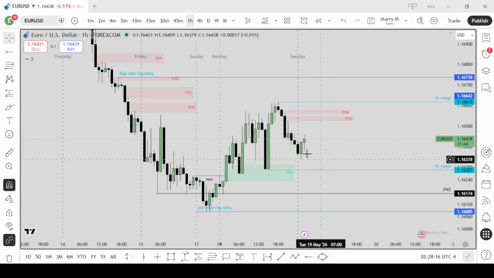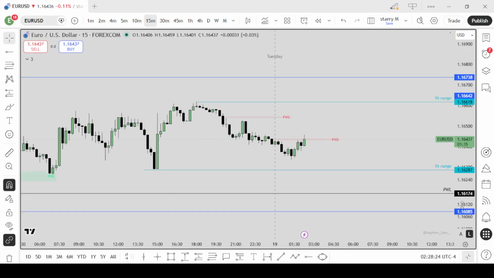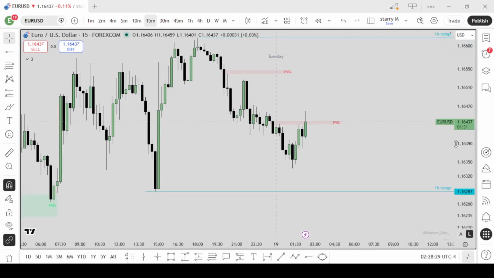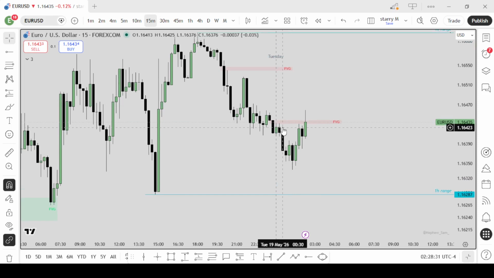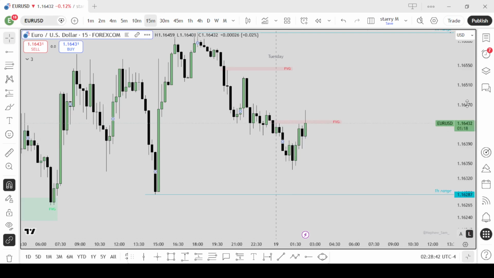Right now we are in this phase, and if we are still on the pullback, I would need to see a 15 minutes market structure shift here. It has already shifted structure, but I would like to see a market structure shift with a fair value gap to confirm that we are still bullish.